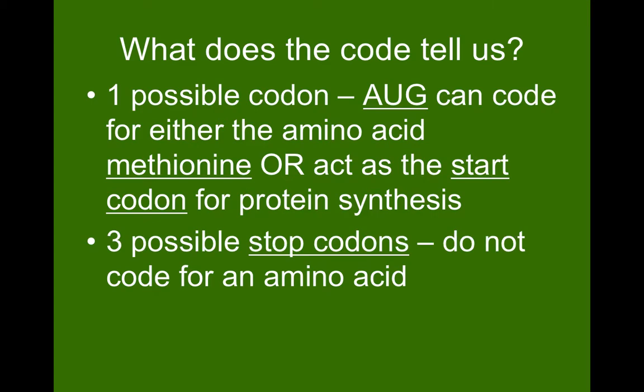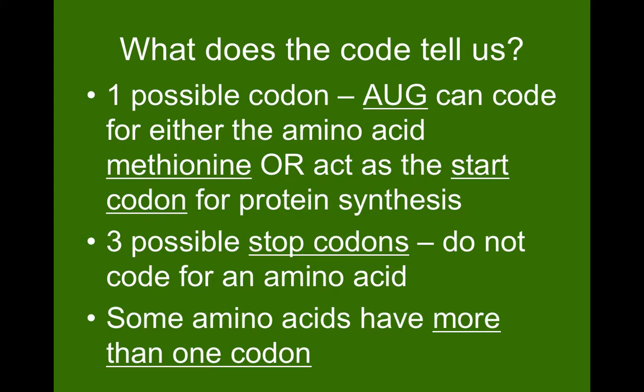Now, we also need to know when to end, and there are 3 possible stop codons. When they get to the stop codon, there's no amino acid that codes for stop. There's no duality there. So it just stops. It knows that it's done, and it lets go of the messenger RNA, and the protein has finished its folding, and it goes off into the cytoplasm.